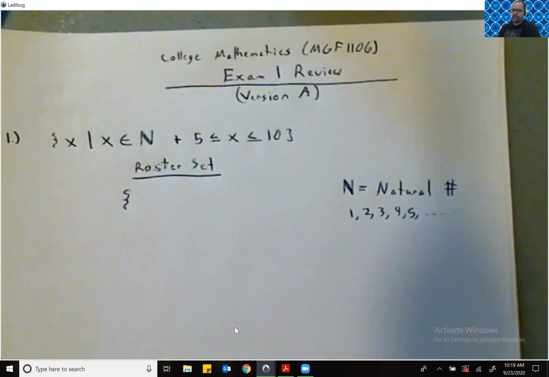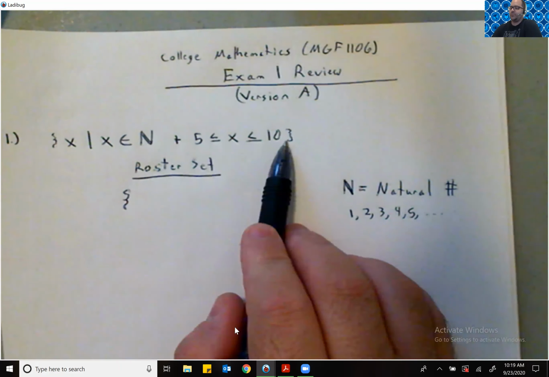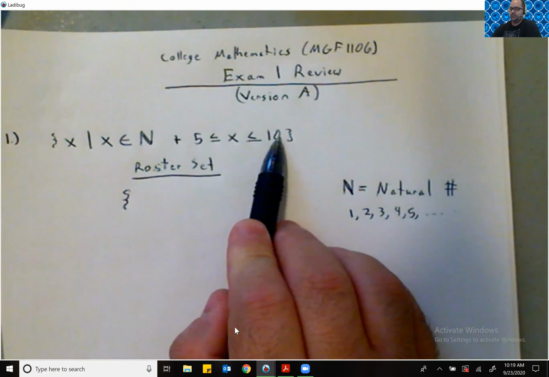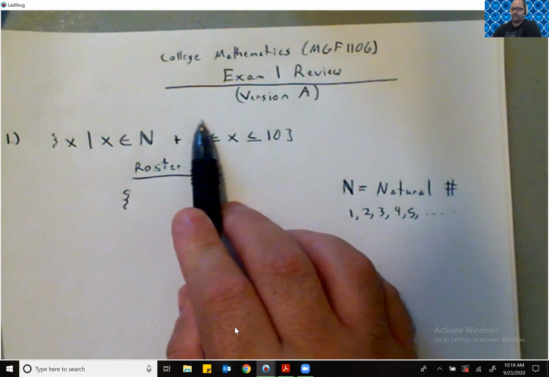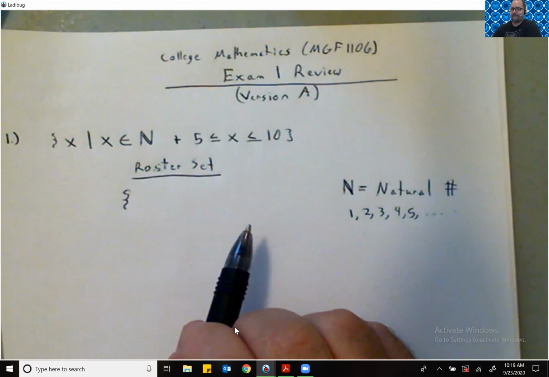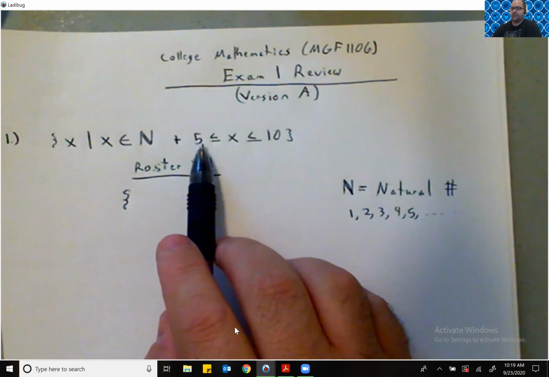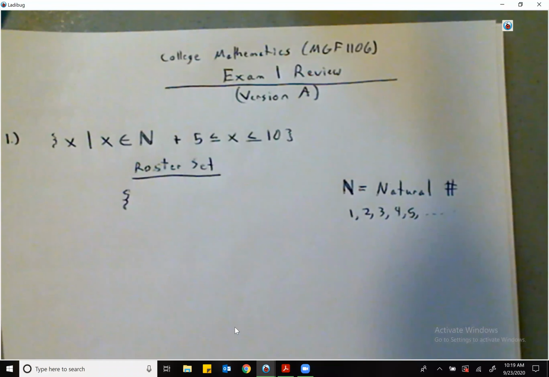Right here, we want all of the natural numbers that are between 5 and 10. Will we include 5 in the list? Yes, because it's greater than or equal to.